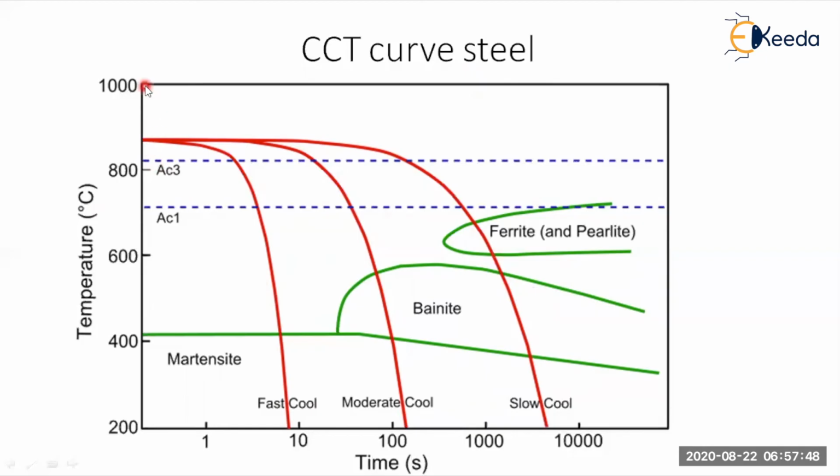In the CCT diagram, again on the y-axis it is the temperature, and on the x-axis we have denoted time in seconds. Temperature here we have noted in degrees centigrade. And here also the points are almost the same, but here it is showing the continuous cooling transformation.